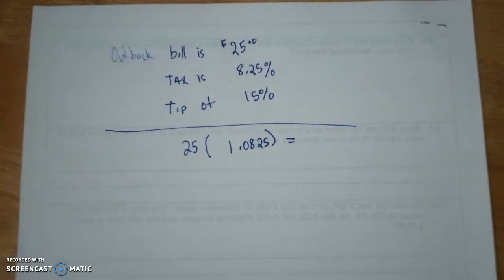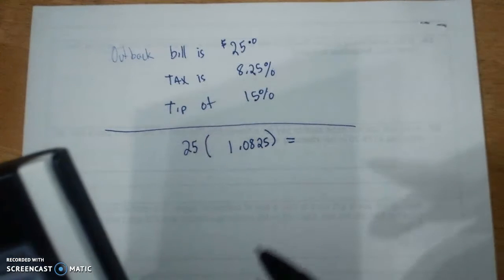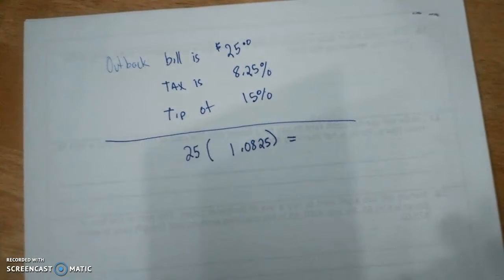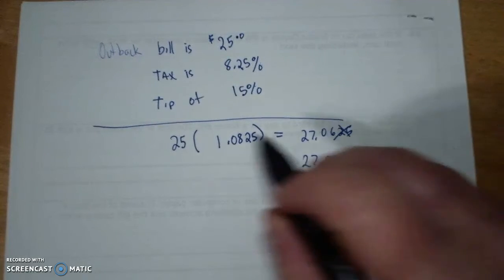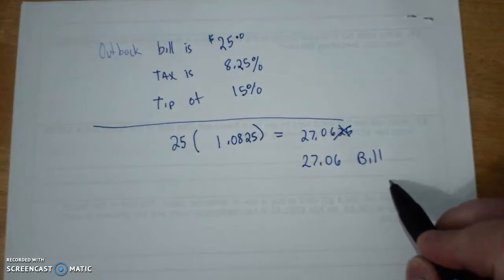And so if I multiply 25 times 0.0825, times 25. Okay, so that's my bill, and I'm going to tip off my bill.